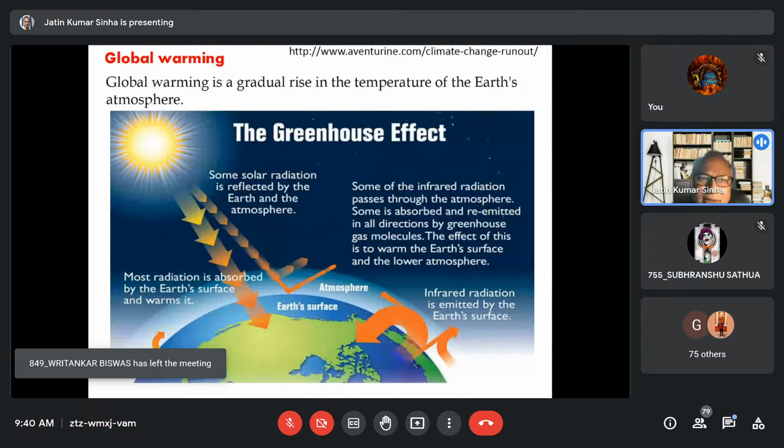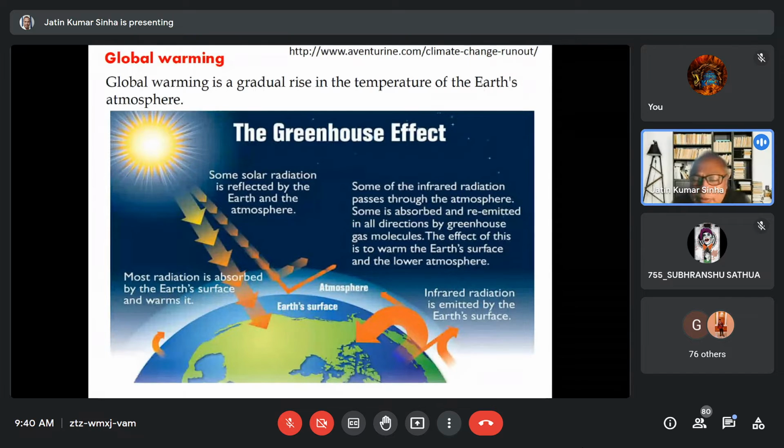The next one is global warming. This is a big debate, and every year all the developed and developing nations are debating how to control this. Particularly the developed nations are pushing the developing nations to decrease their industrial activities, but the developing nations' economy depends upon industrial activities.